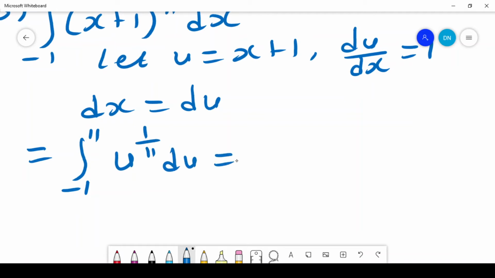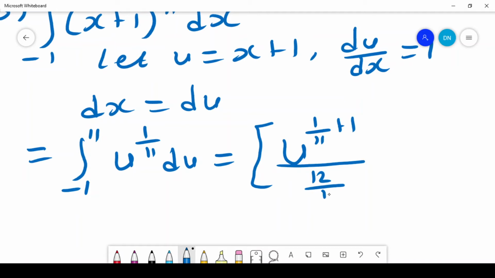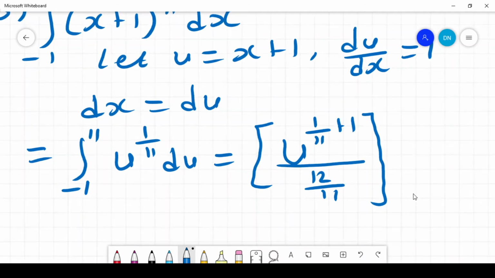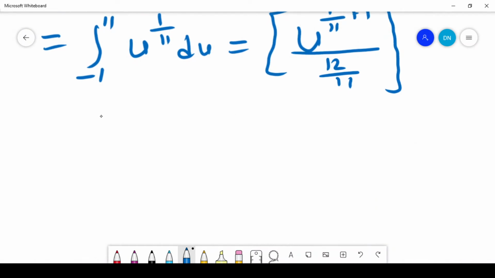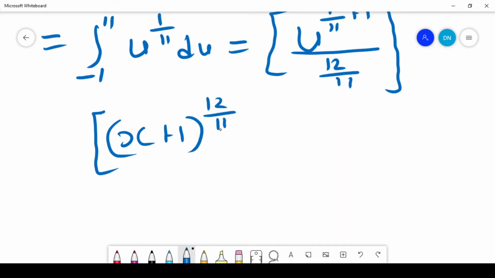What do you do to the powers? You increase the power by 1, so it will be 1 over 11 plus 1, which is 12 over 11. And that's what we get from that. And so, because our integral was originally in terms of x, I'll have x plus 1 raised to power 12 over 11.